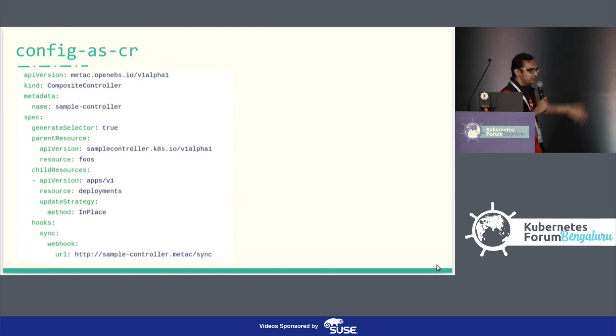And there are child resources, which are the desired state. What do you want when you apply a foo resource? You want the deployments, so the deployments go there. It's represented in such a way that before even writing your code, you get to know what you intend to do with your controller. And this entire thing is wrapped in a YAML, which is a CR that is only understood by MetaController. You don't need to write any code behind it.